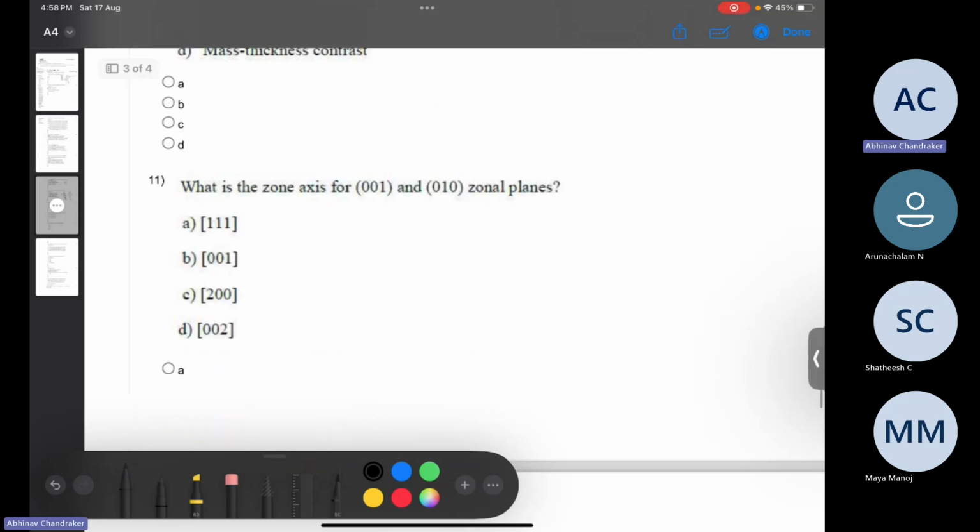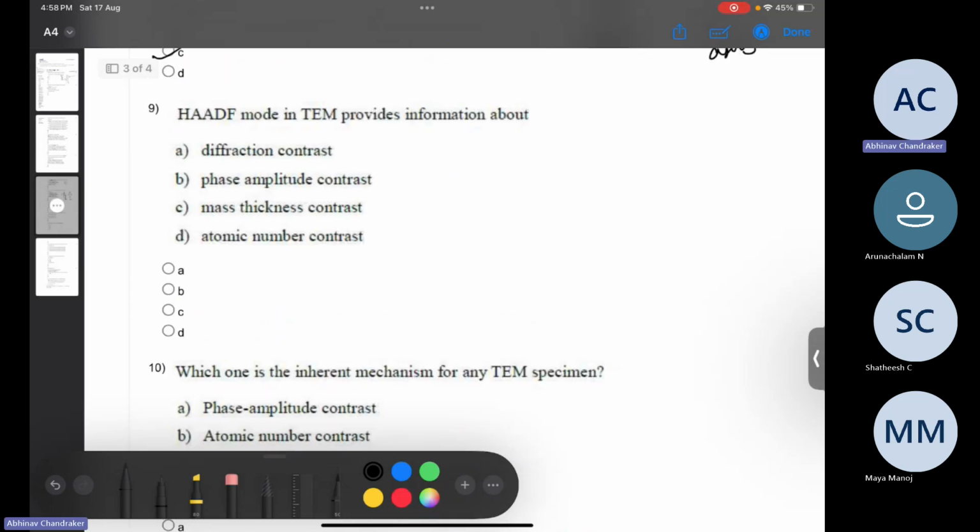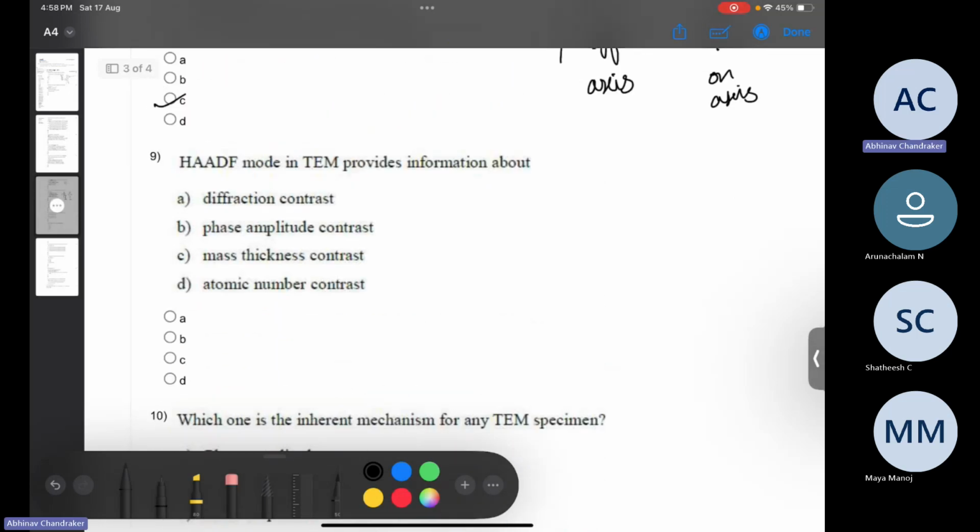So let's quickly finish these. All these things we have already covered while discussing the lecture slides. So I won't spend much time on this. If you have any doubts, you can let me know. Feel free to guess even if you are not very sure about the answer.